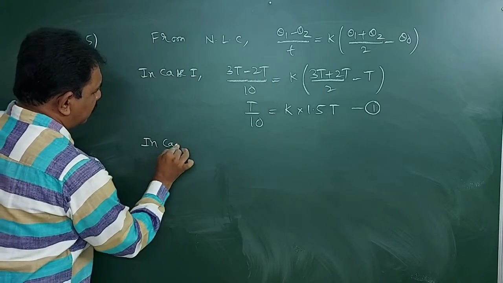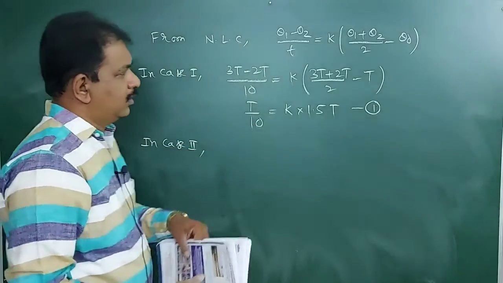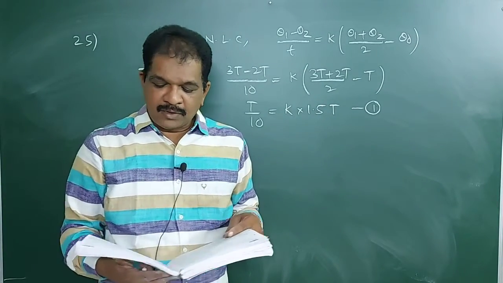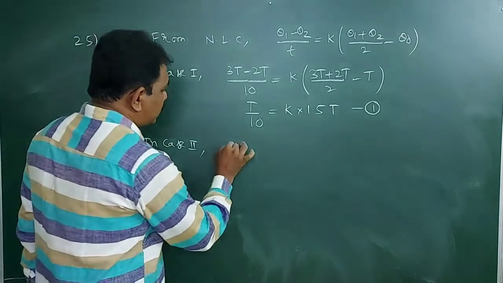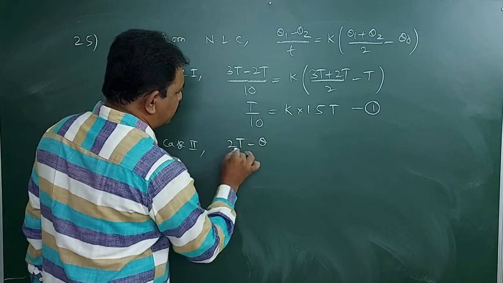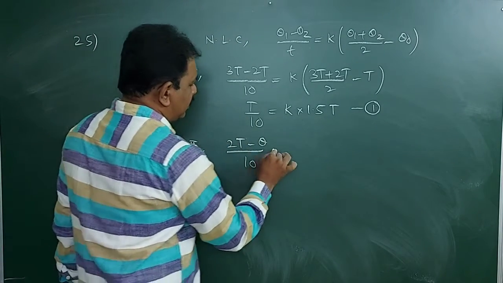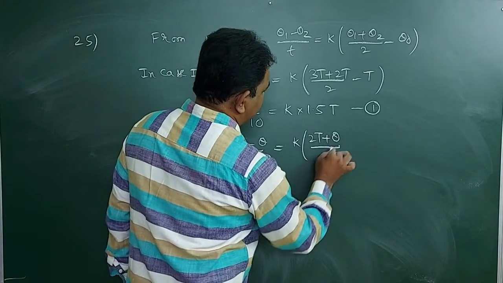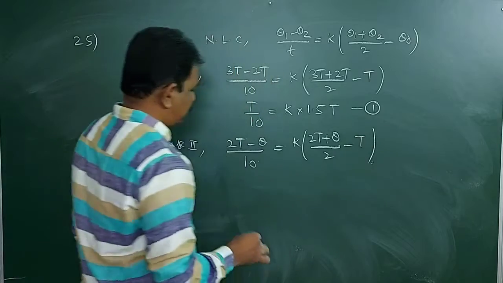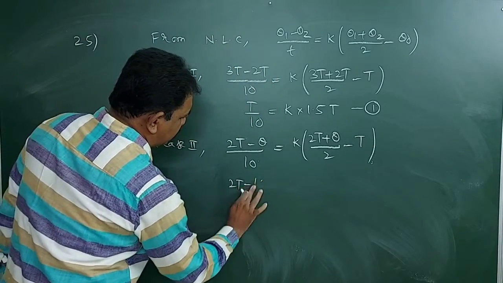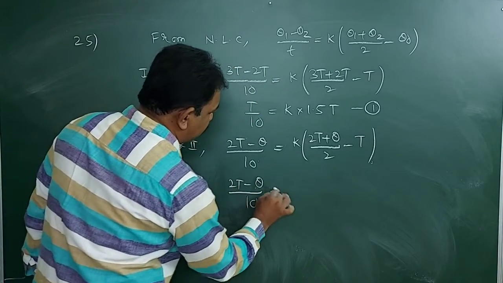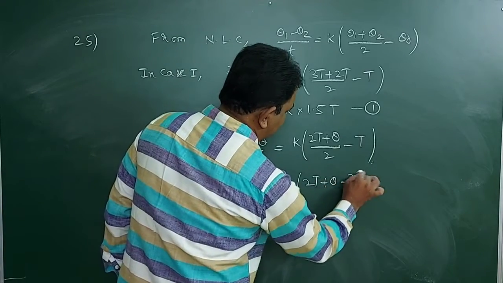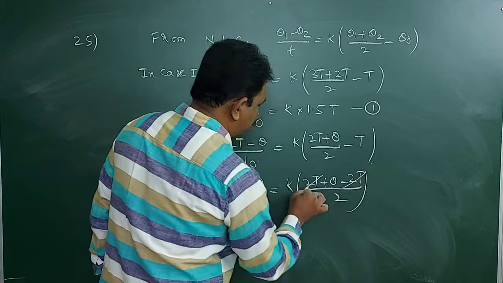In case 2, the temperature came from the next 10 minutes. How much is the temperature? This is (2T minus theta) by 10, I am assuming, equal to K into (2T plus theta) by 2 minus T. So (2T minus theta) by 10 is equal to K into (2T plus theta minus 2T) by 2.